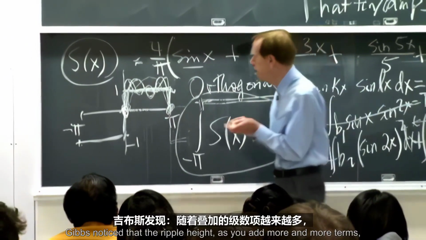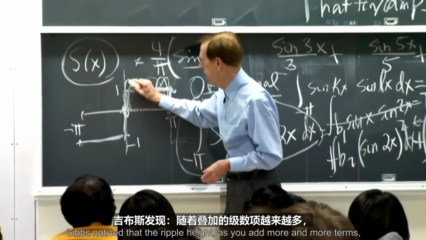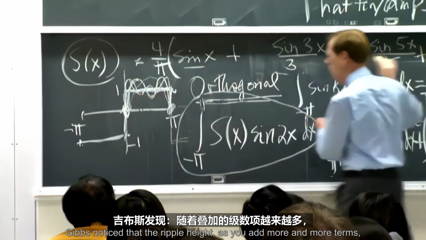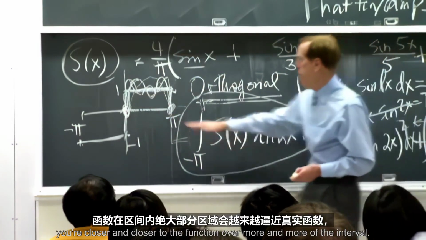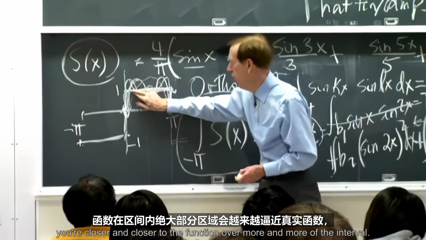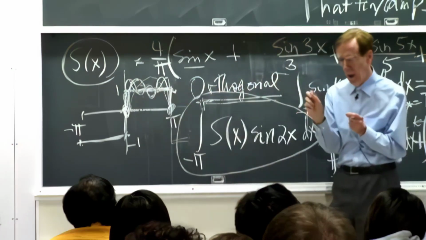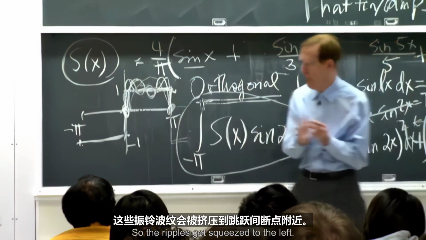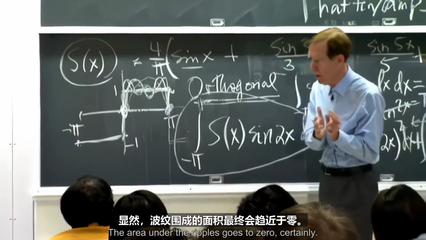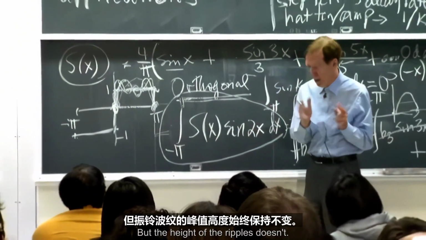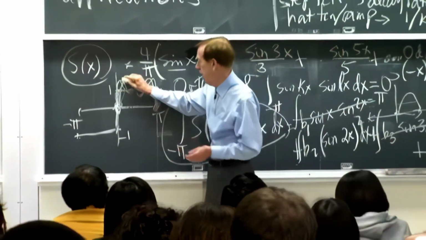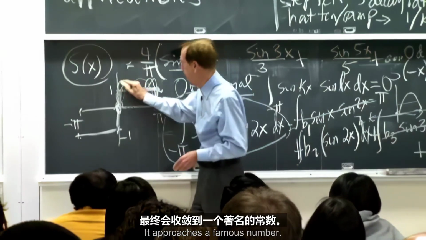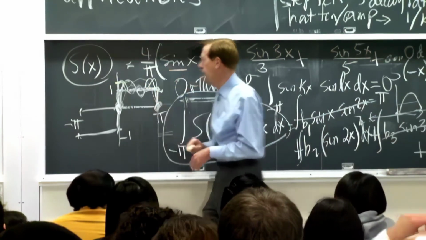Gibbs noticed that the ripple height, as you add more and more terms, you're closer and closer to the function over more and more of the interval. But the ripples get squeezed to the left. The area under the ripples goes to 0, certainly. But the height of the ripples doesn't. And it doesn't stay constant, but nearly constant. It approaches a famous number.